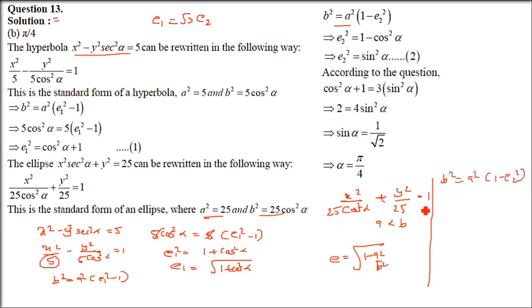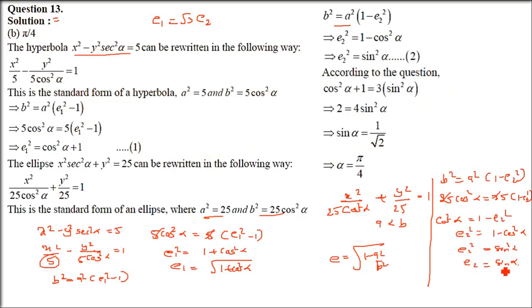Remember, not e square minus 1, but 1 minus e square. So 25 cos square alpha equals 25 times 1 minus e2 square. 25 gets cancelled, cos square alpha is there. So e2 square becomes 1 minus cos square alpha, and 1 minus cos square alpha is sin square alpha. So e2 square is sin square alpha, or e2 is sin alpha.